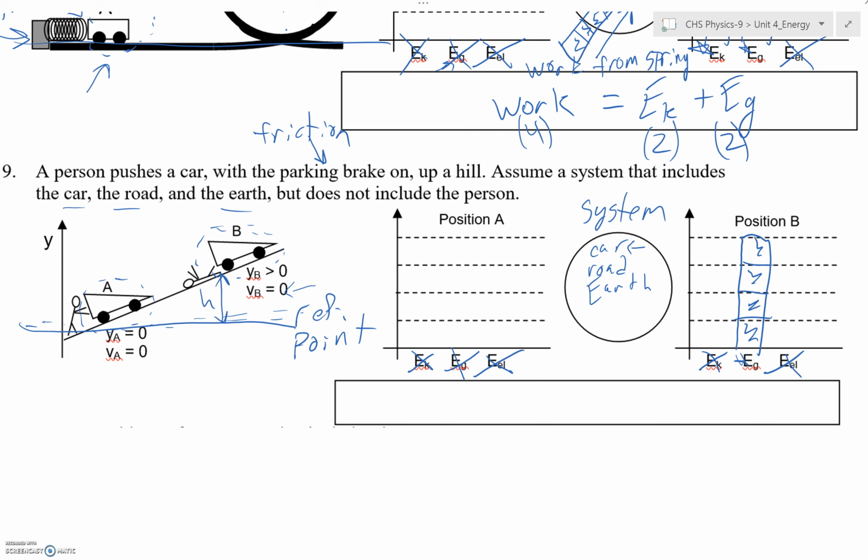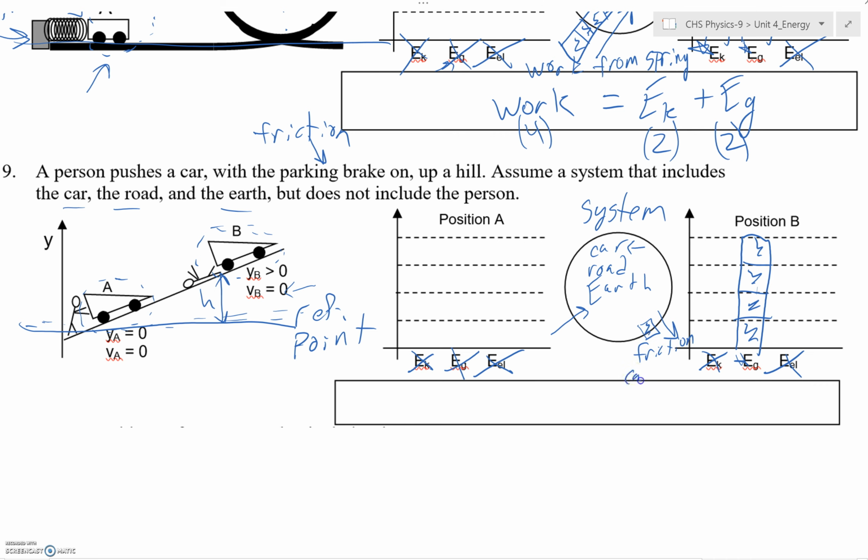So what's going to happen here is we have to have energy go into the system because the person is applying a force. So we're going to have energy go into the system, but we're also going to have energy that leaves the system because there's friction. So usually I like to have 1 bar leave the system because of friction.